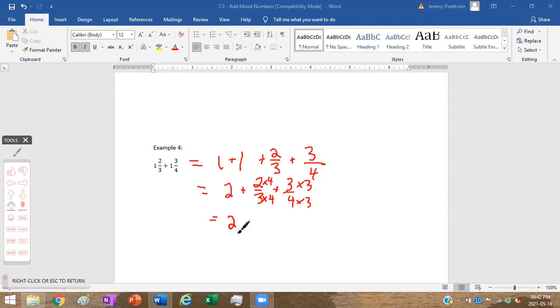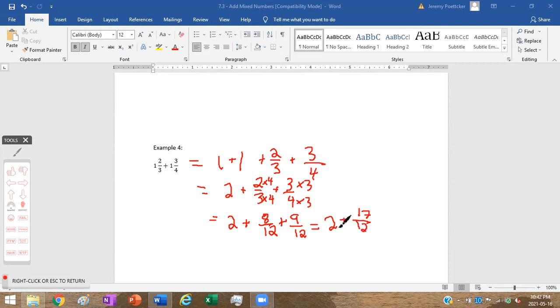So this is equal to 2 plus 8/12 plus, oh, that was fun, 9/12. So this is going to be 2 plus 17/12. Now that's goofy.